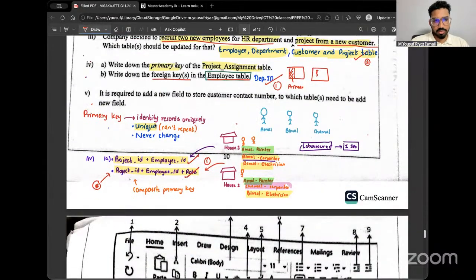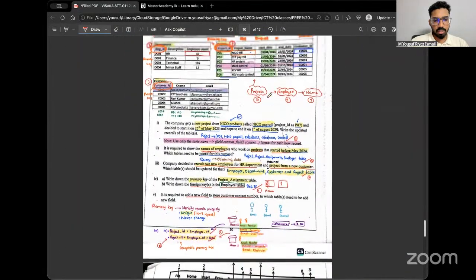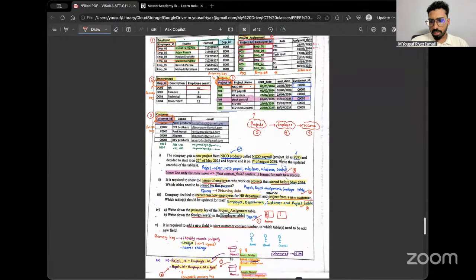Okay, next question. It is required to add a new field to store the customer's contact number. To which table should we update this? Okay, it's very easy. Where should we update the new customer's contact number? If I want to store the customer's contact number, which table should I update?